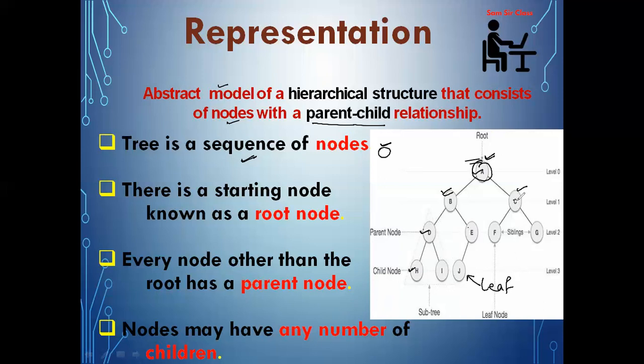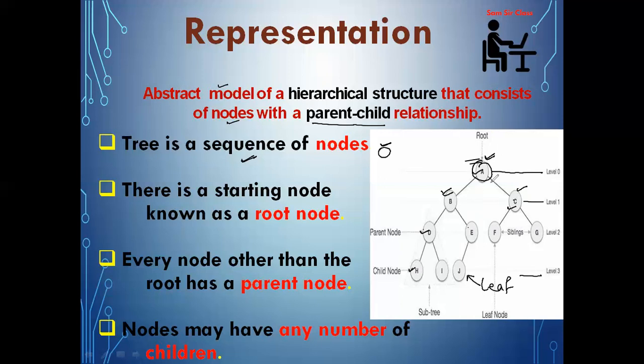Also, C is the parent of F and G. That means F and G are known as sibling nodes because they belong to the same parent. This is known as level 0, this is level 1, level 2, and this is level 3. So nodes are present at every level.